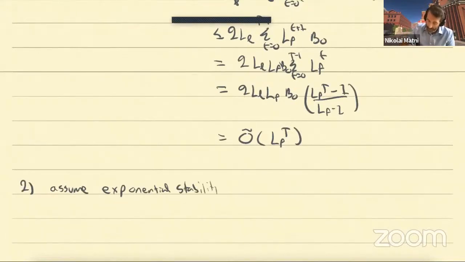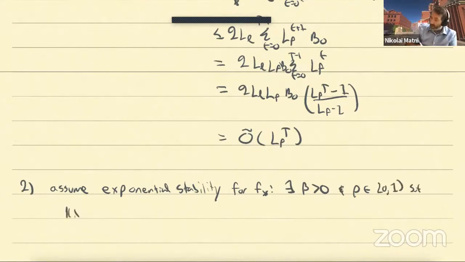And what I mean by that for F star is that there exists a beta greater than 0 and a decay rate rho in (0, 1), such that x of t is less than or equal to beta rho^t x0, which in this case will give us beta b0 rho^t.